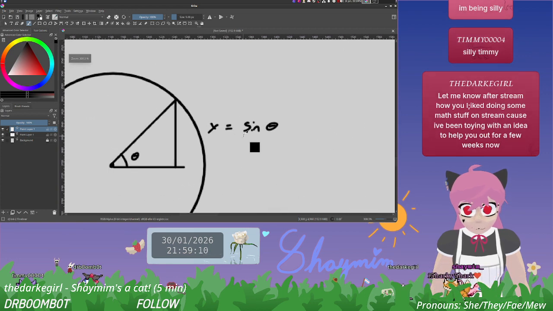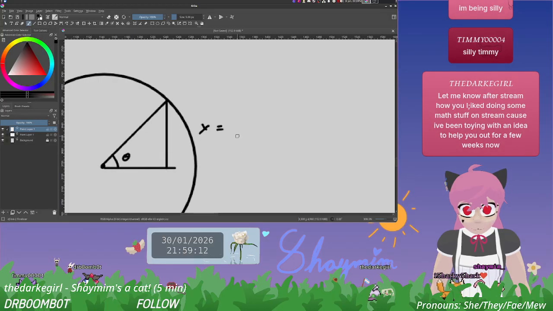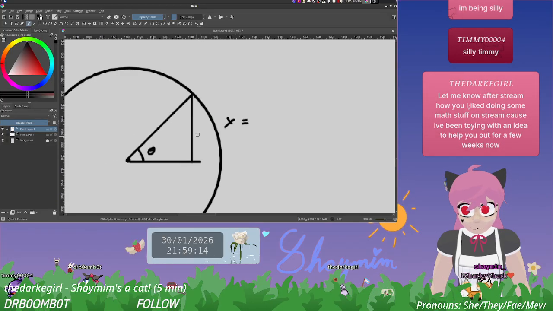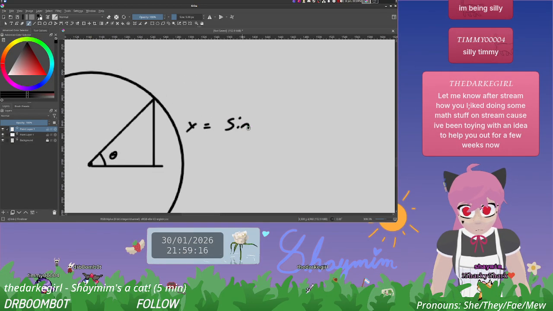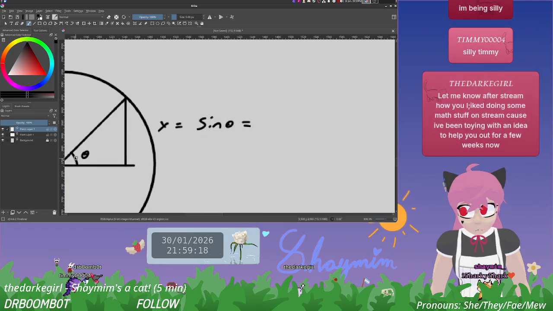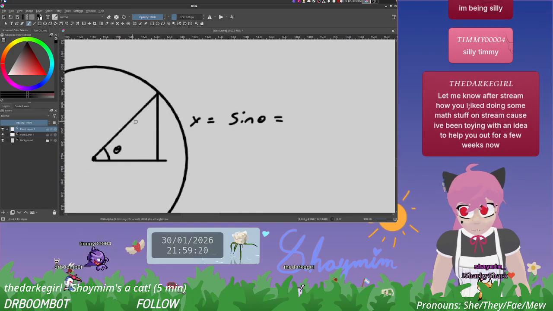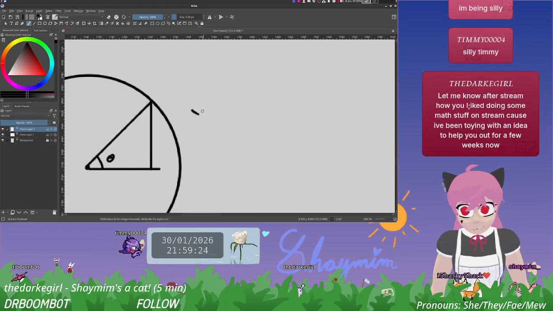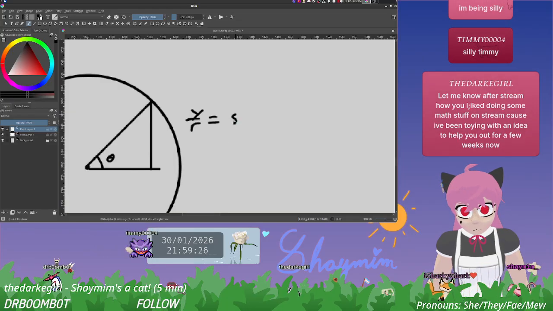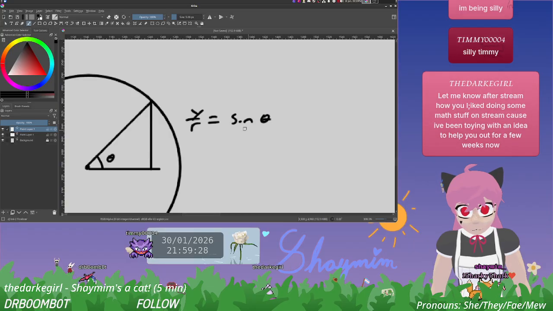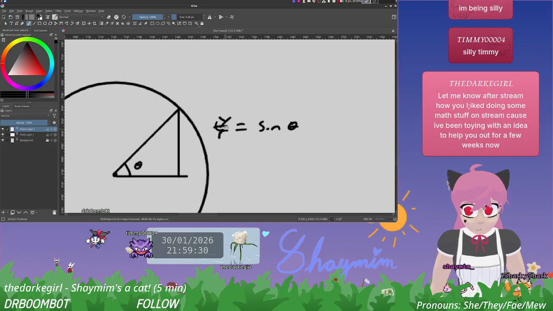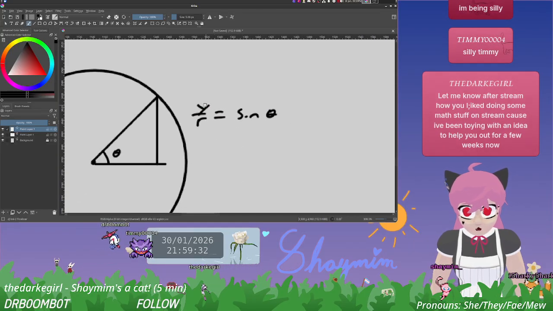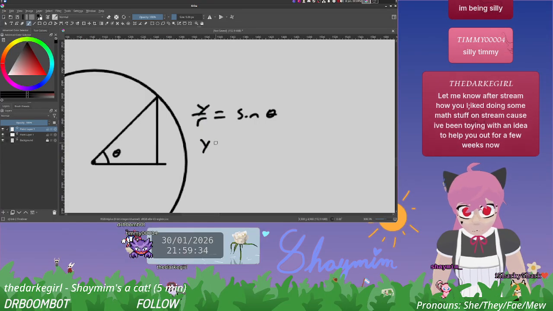In fact, even better, because sine of an angle is equal to the opposite over the hypotenuse, it's not y equals sine theta, it's y over r equals sine theta. And we care about what y is here, so we'll multiply r across, so y equals r sine theta.